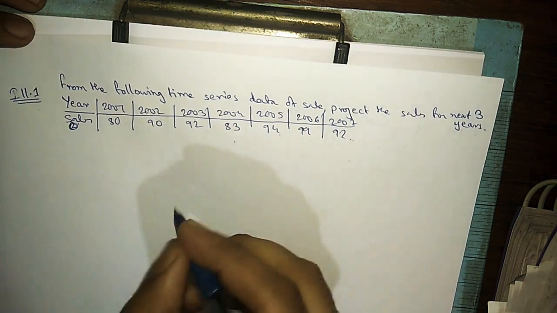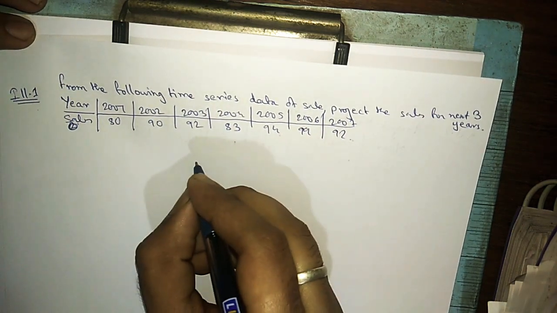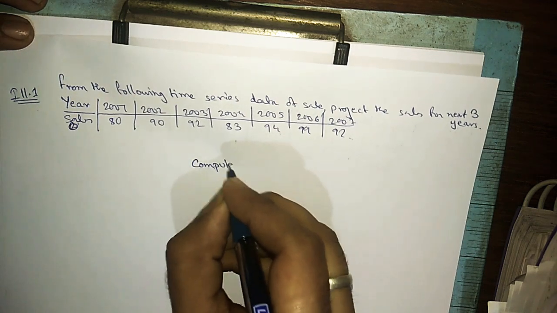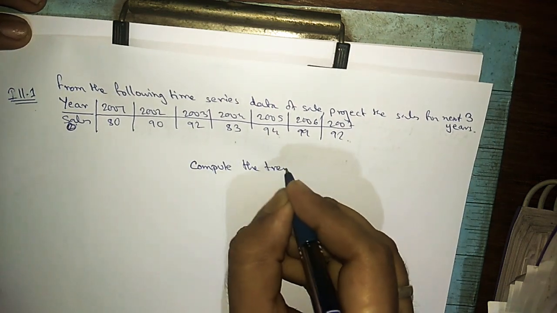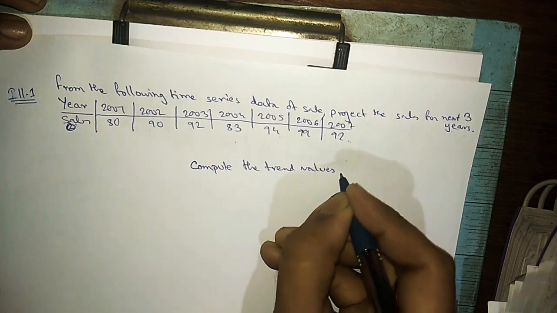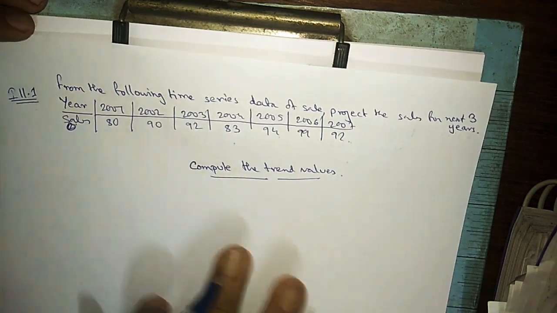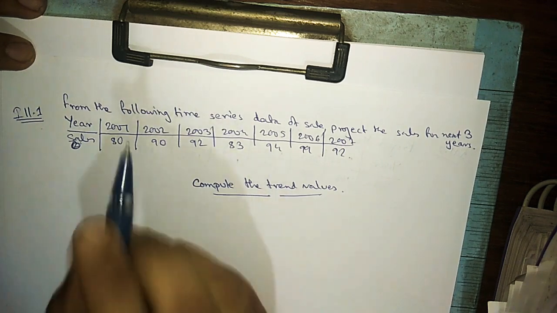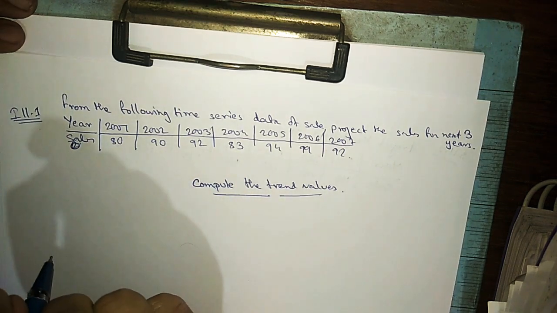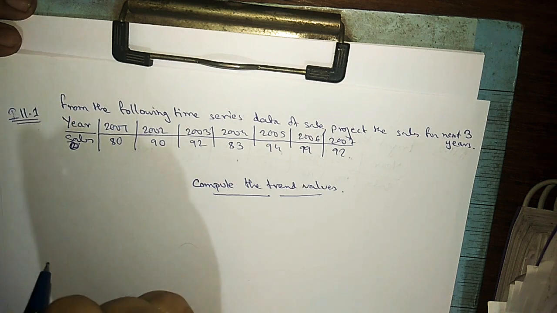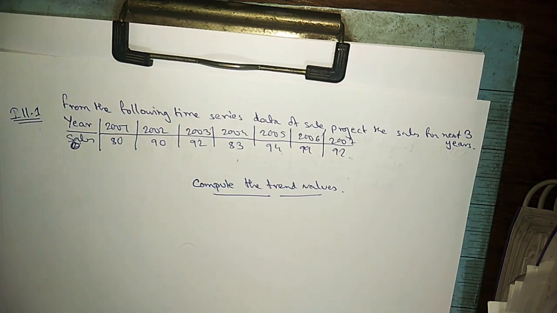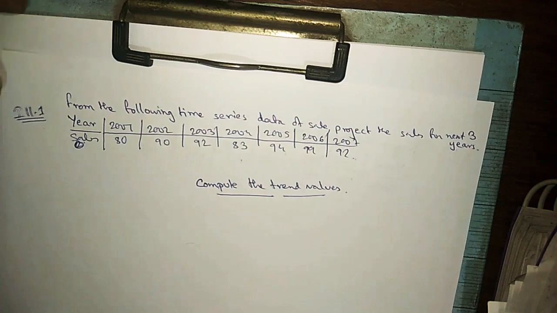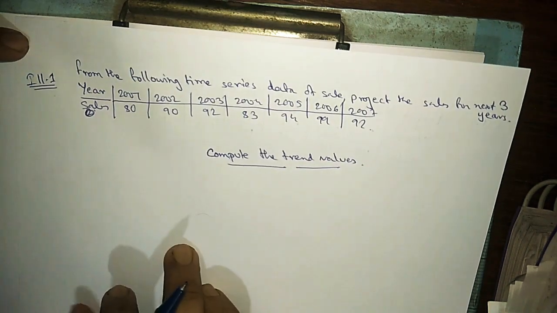For this you have to compute the trend values. Now here we are going to use direct method. Why direct method? Because the value of x is not given over here, so you can't use indirect method. You have to find out the value of x also.